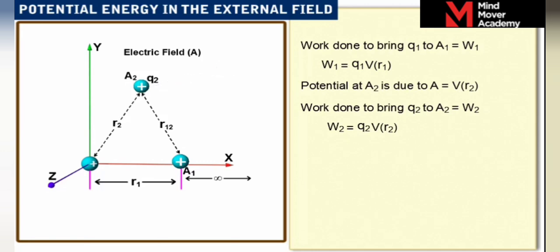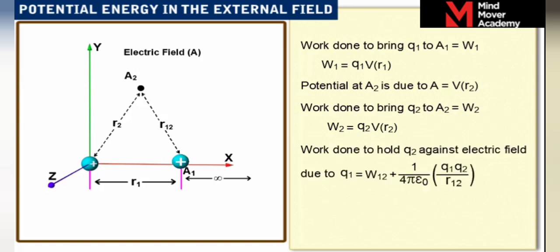If Q2 is now released, it moves due to electric field E and also due to the electric field of Q1. Work has to be done to hold the charge Q2 against the force due to the external electric field and also due to that of Q1.